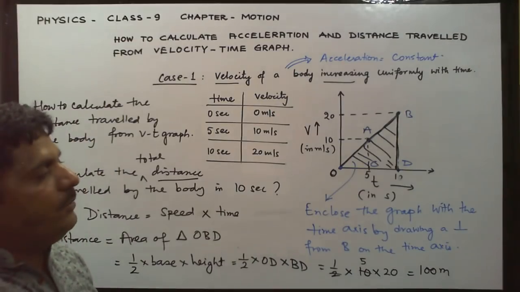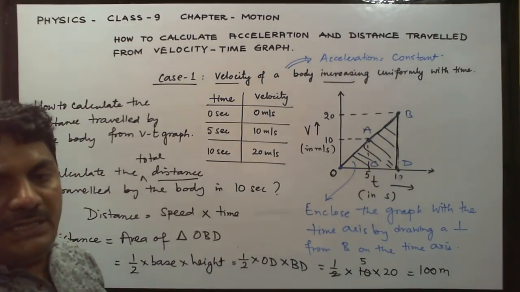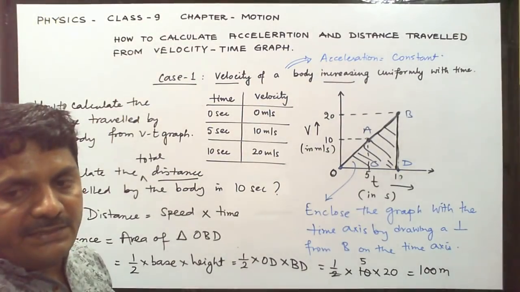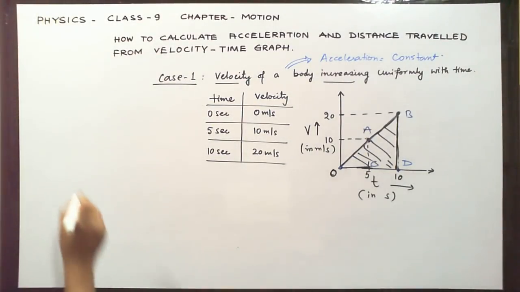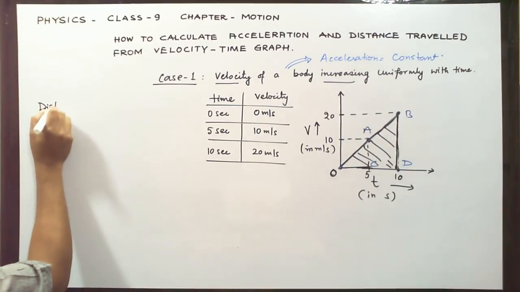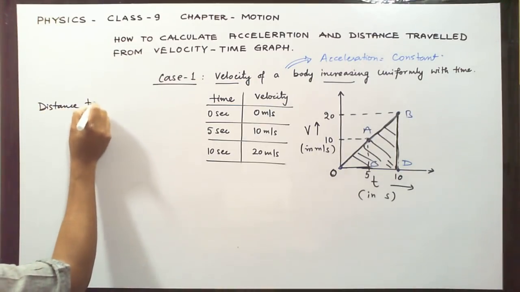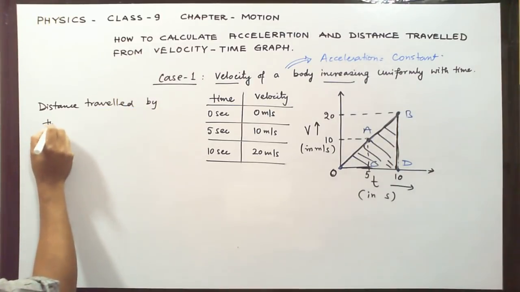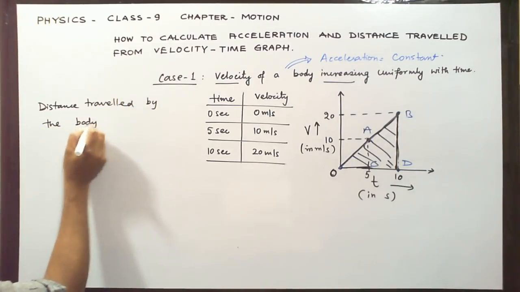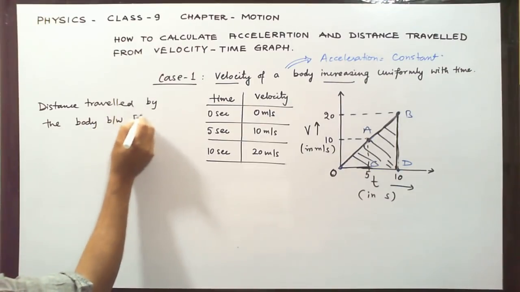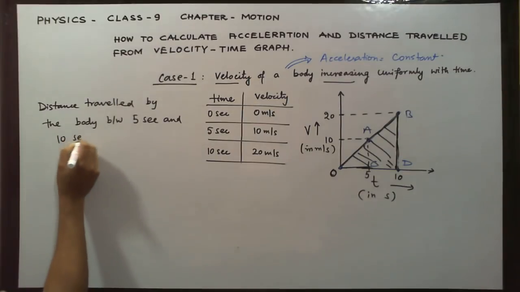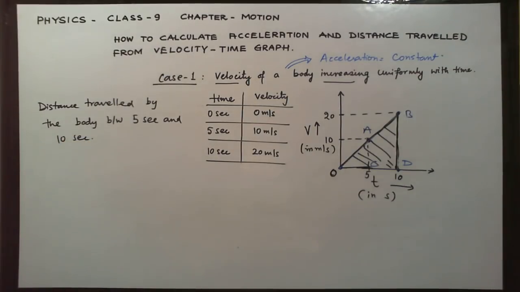Now let us find out the distance travelled between 5 seconds and 10 seconds. So we have to calculate the distance travelled by the body between 5 seconds and 10 seconds. Very easy. What to do?